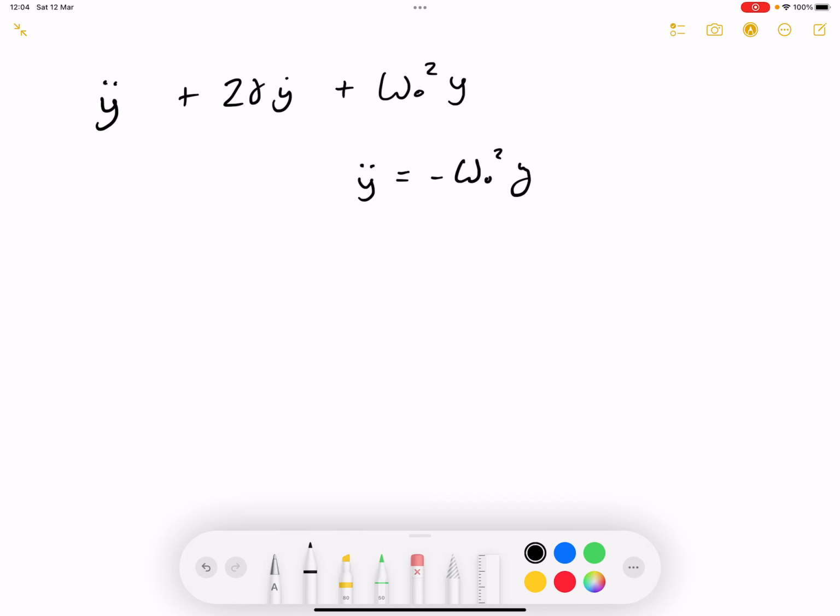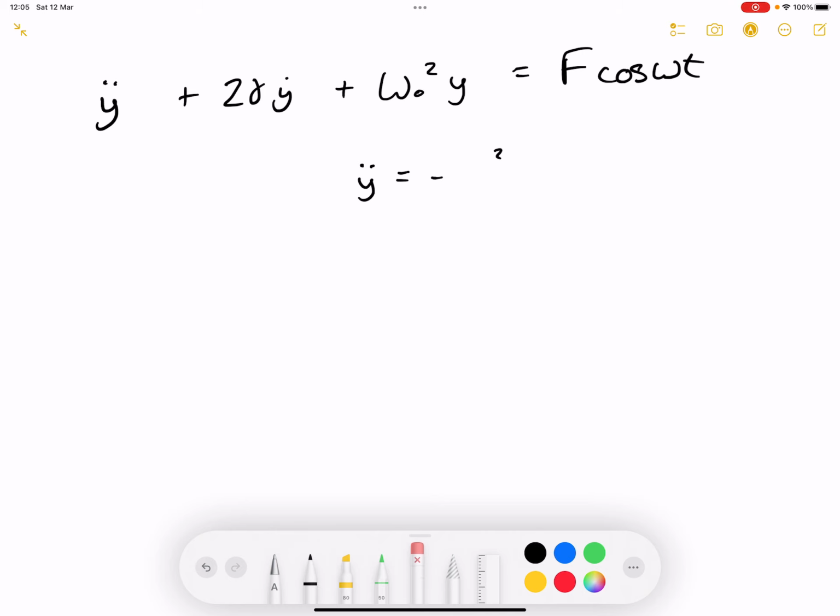So that's the definition of SHM, where omega naught is the natural frequency of the oscillations. Okay? So then that will equal f cos omega t.